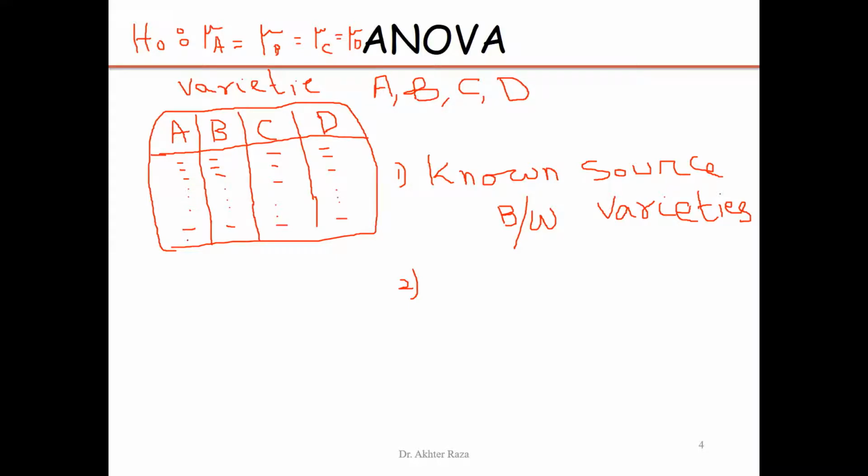The answer will be no. These 10 outputs will also have variation. This type of variation is called variation due to the unknown source, because we cannot explain the reason why we have a variation.